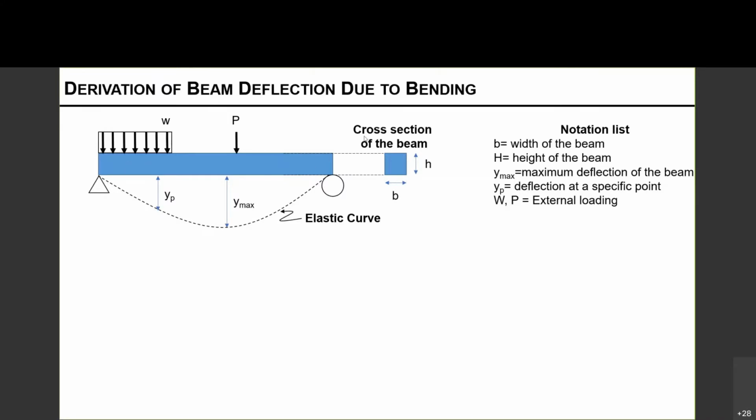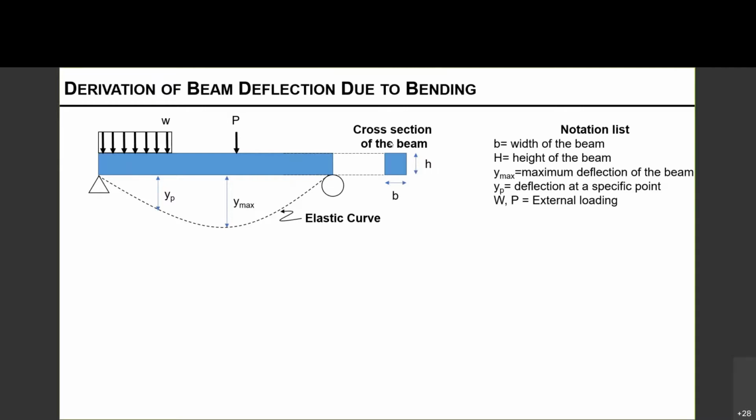So if you look at this beam, right, and cut a section of it, you will see a cross-sectional view of the beam. This is B, this is H. This is the notation list that we have for this particular beam.